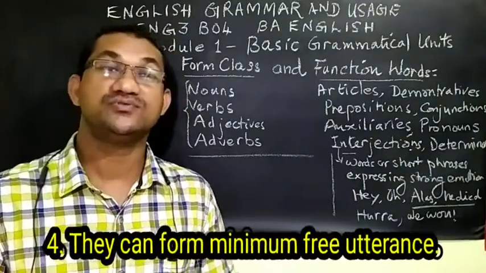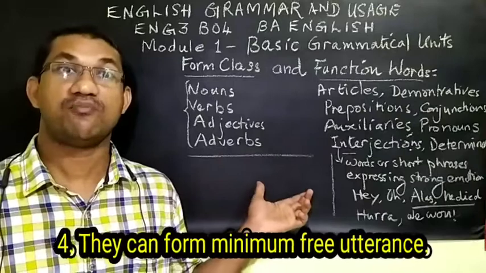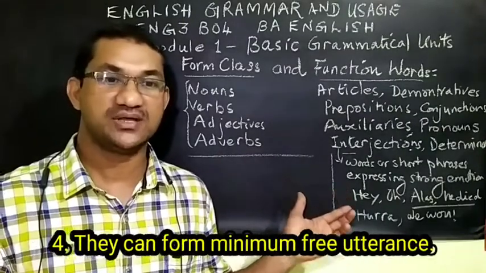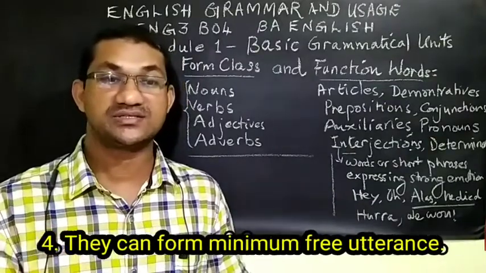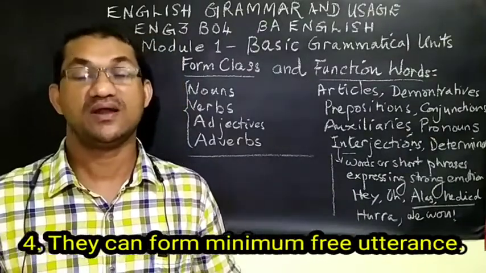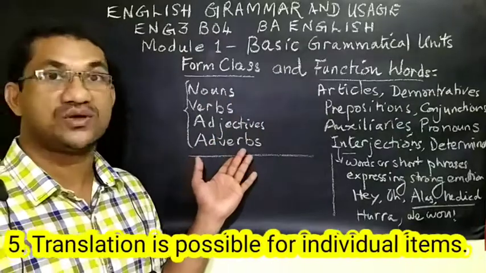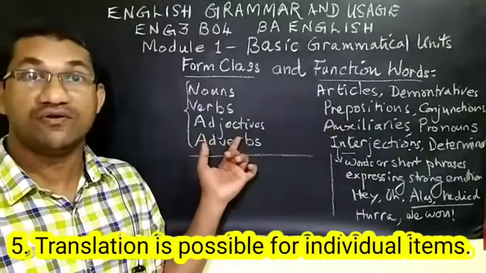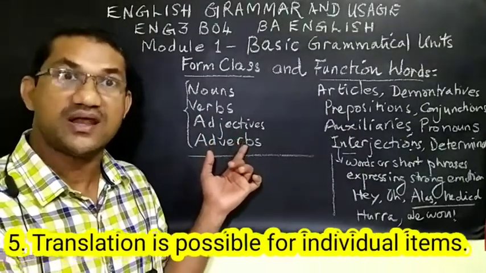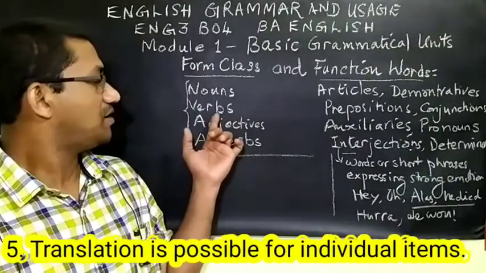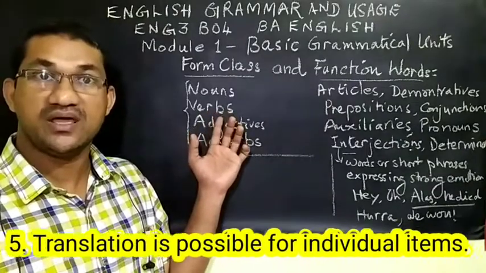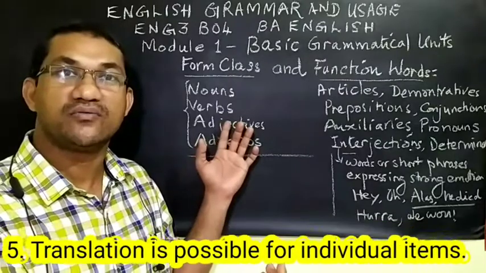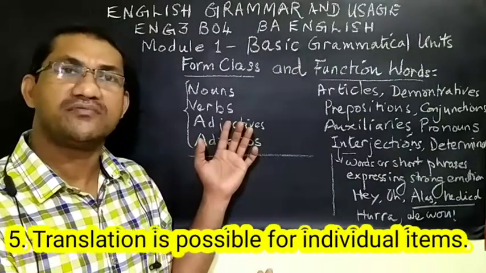Now we come to the fifth characteristic of form classes, the last important aspect. That is, translation is possible for individual items. All this we can translate. Form classes can be translated. Beautiful, we can translate into any language. Similarly, nouns again: we say man, and we have another word for man in English, human being.